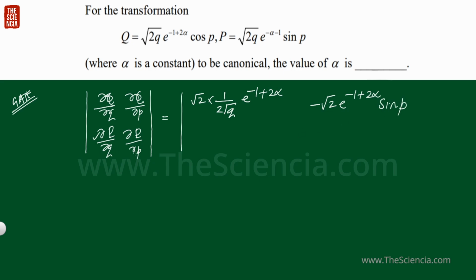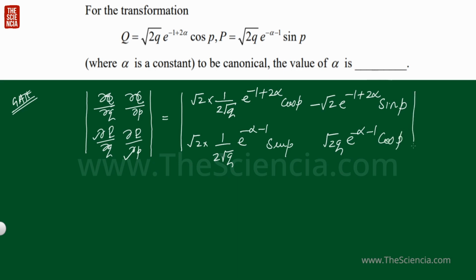Now dou p by dou q. So what we get? Root 2 into 1 by 2 root q e raised to minus alpha minus 1 cos p. Here I forgot to put this cos p. Okay, and what will be dou p by dou p? That will be equal to root 2 q e raised to minus alpha minus 1 cos p, right?